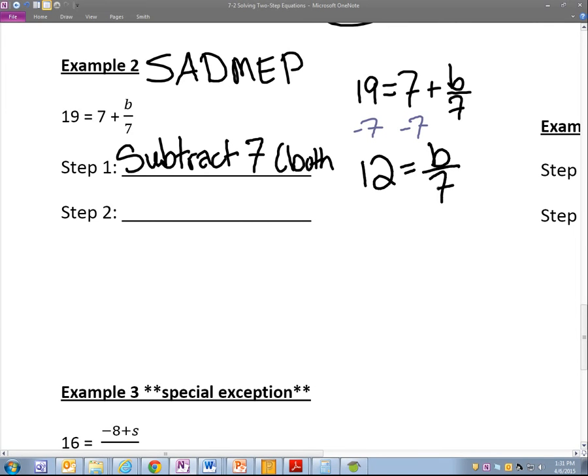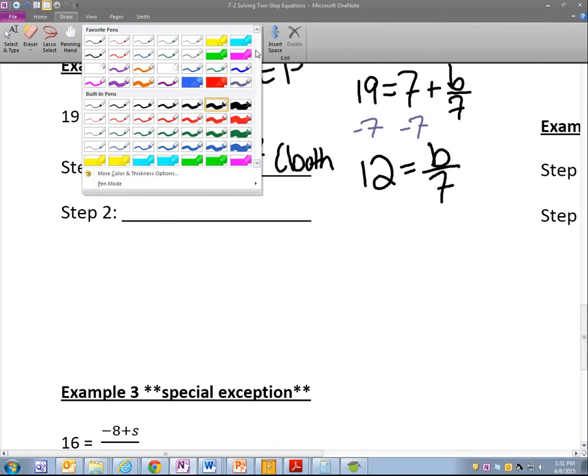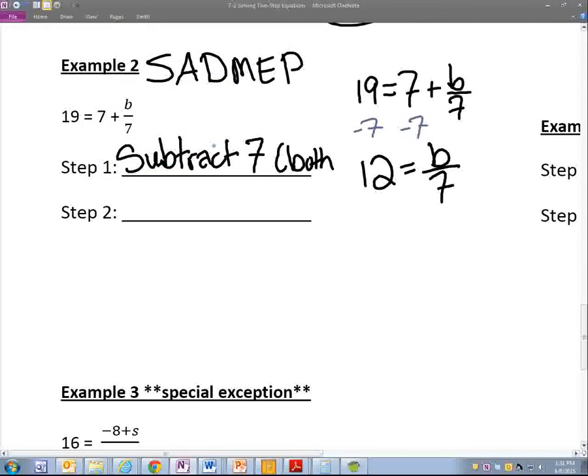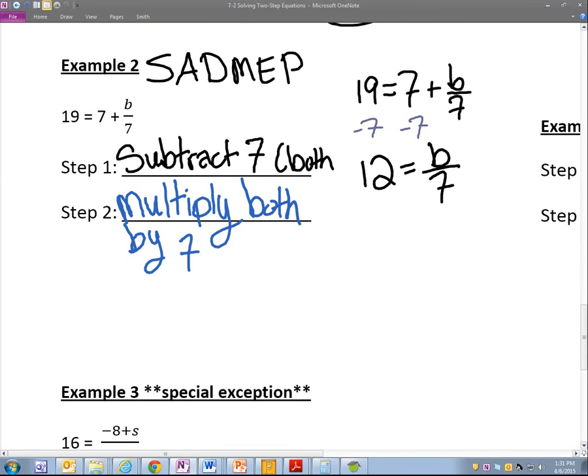What's my next step? Multiply by 7. Yes. Multiply both sides by 7.